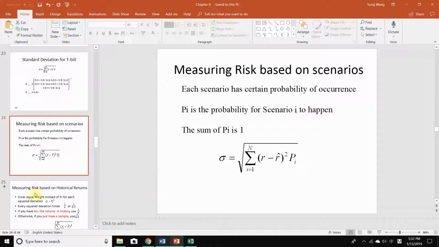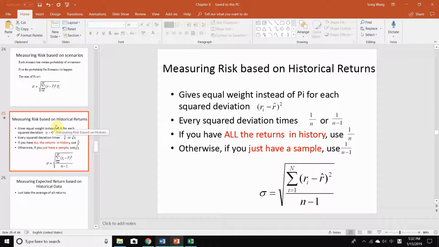Okay, if you want to measure the risk based on historical returns, then your formulas would change. The expected return is just the average of returns, and the formula is changed to this. You do not have a probability variable, because each return comes with the same probability.